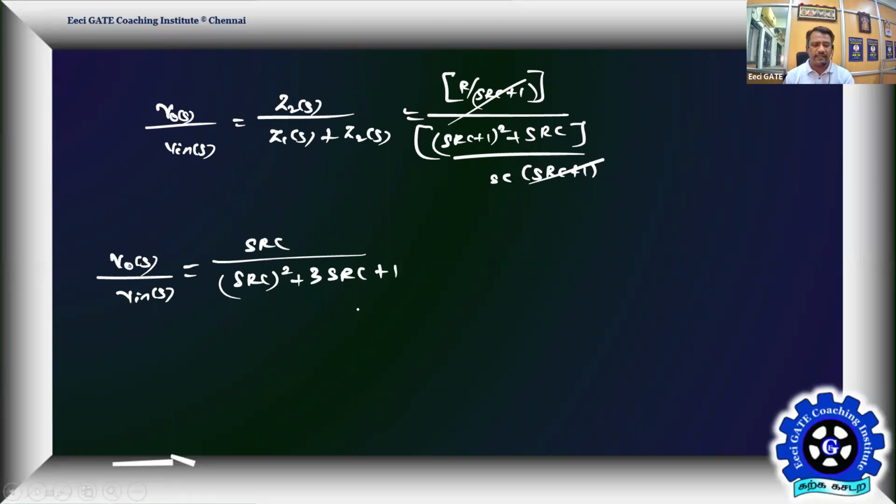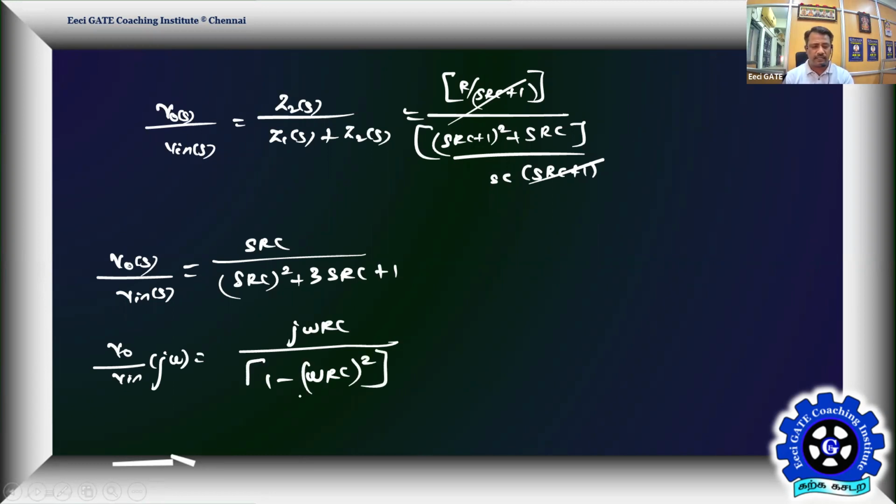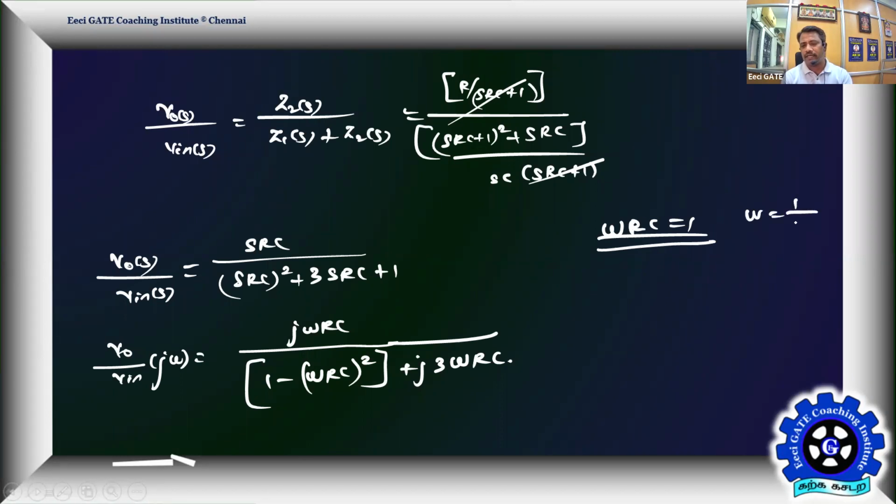That's how we get it. Now set S equal to j omega. So V naught by V in of j omega, that's your transfer function. The numerator will be j omega RC divided by 1 minus omega RC the whole square, that's the real part, plus j3 omega RC. Now let omega RC be equal to 1, that means omega equals 1 by RC.